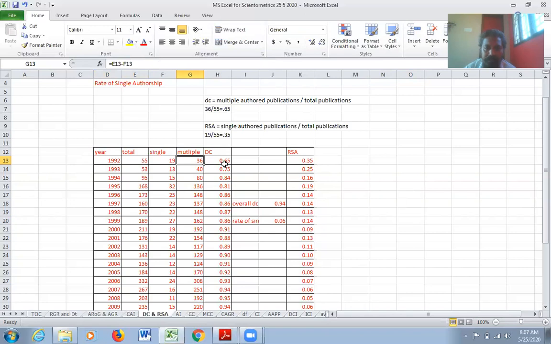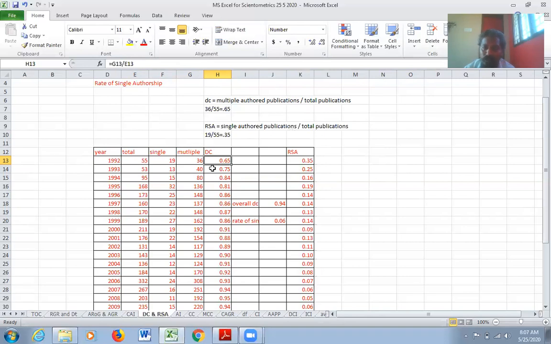Now let me calculate degree of collaboration. The formula is given by C. Subramaniam. It says that multiple author publication, that is G13. What is G13? Multiple author publication, 36, divided by total publications. What is total publications? It is E13, that is 55. 36 divided by 55.